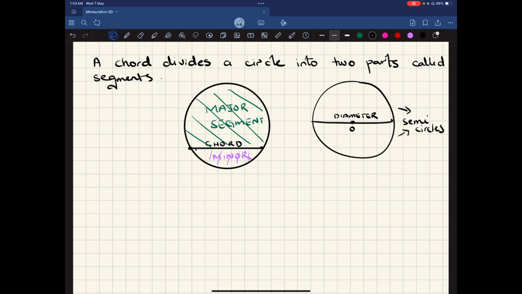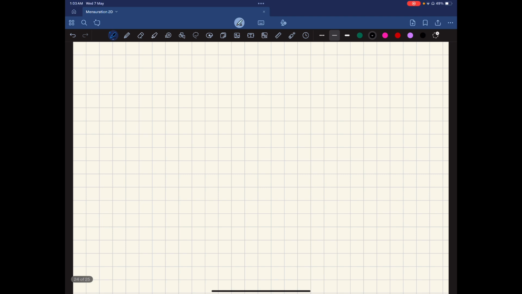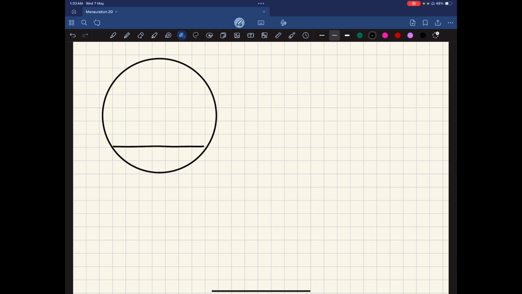Okay, now let's get into the details of working with segments. I hope all of you remember how we calculated the areas of compound shapes, right?